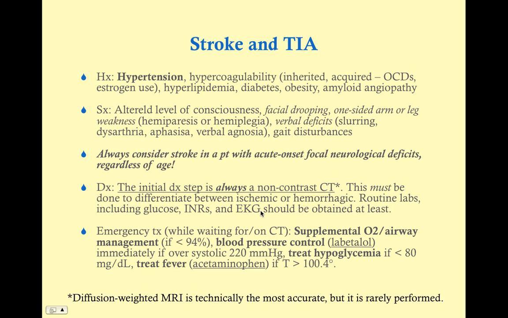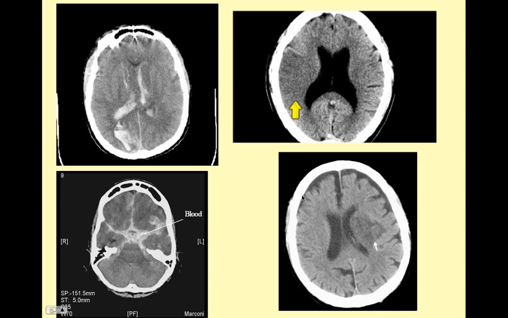They're losing millions of neurons a minute. So we never do MRI to diagnose a stroke. We may do it to assess a stroke after we've treated it, but we always do the non-contrast CT to diagnose the stroke. Never MRI.